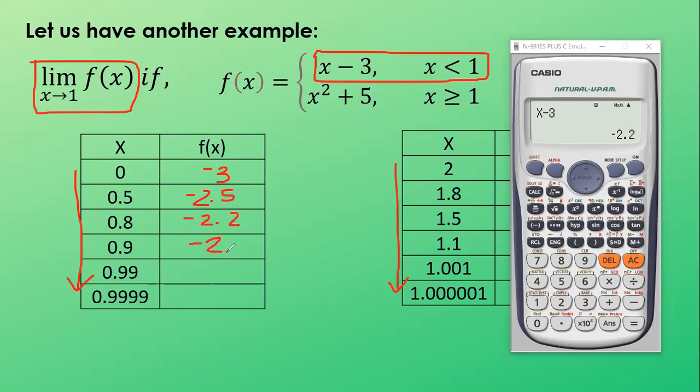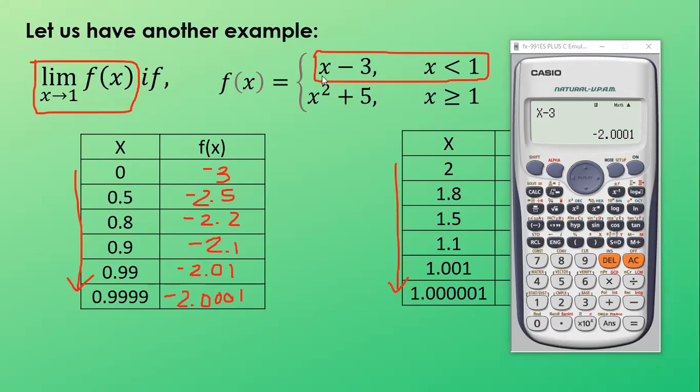Okay, negative 2.1. Lastly, if x is 0.9999, our f of x is negative 2.0001.